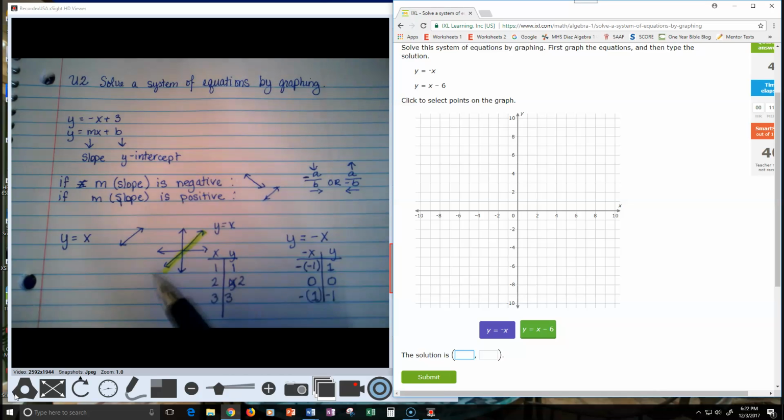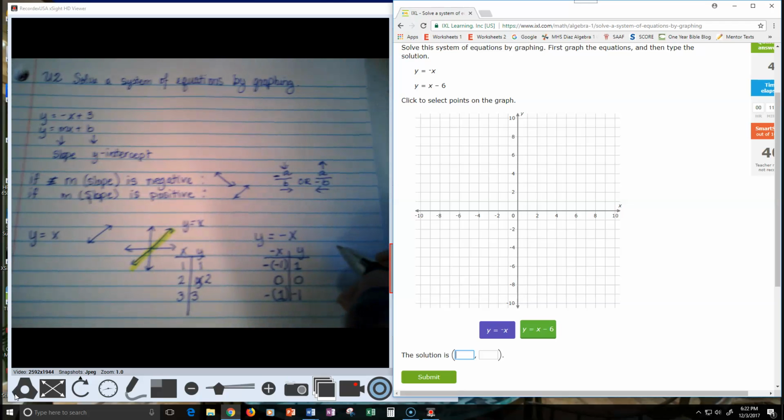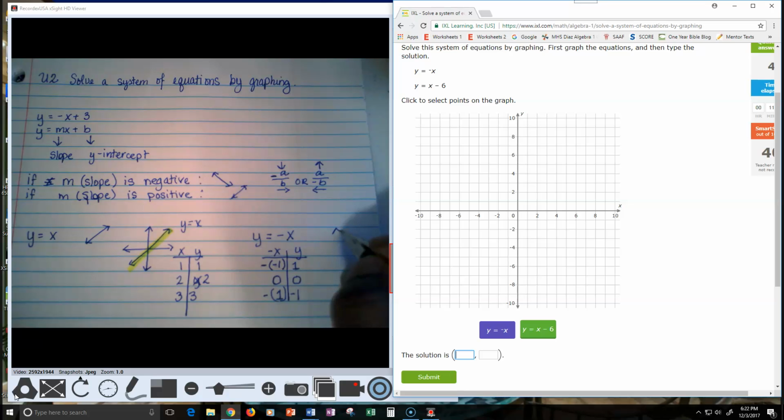So where it would go like this, when you have y equals x, what happens is there is a reflection that takes place. So if we look at, okay, we're going to go negative 1, up 1, we're going to go 0, 0, and then we're going to go 1, negative 1.